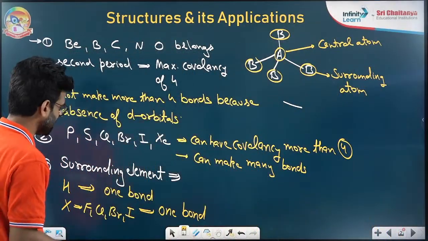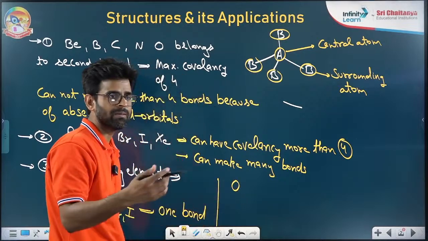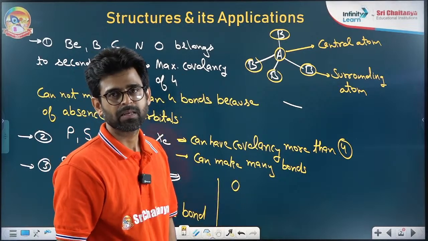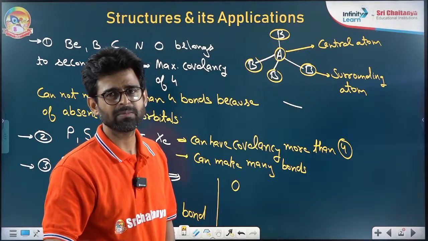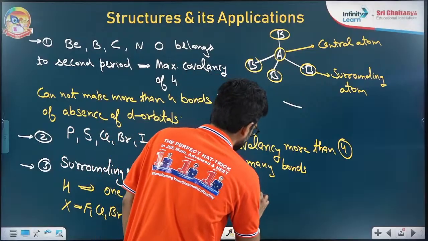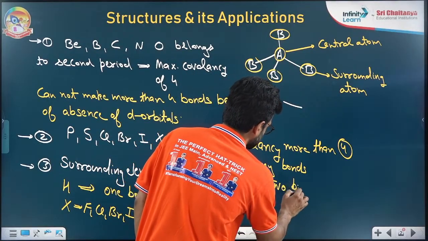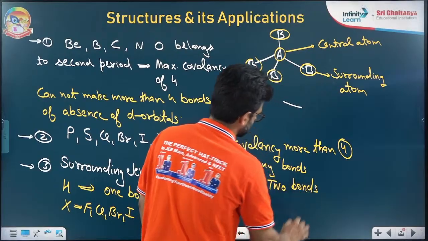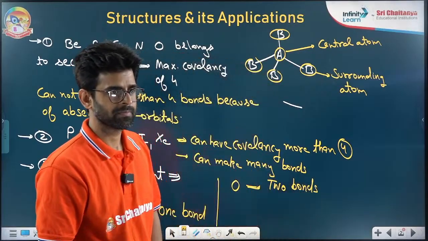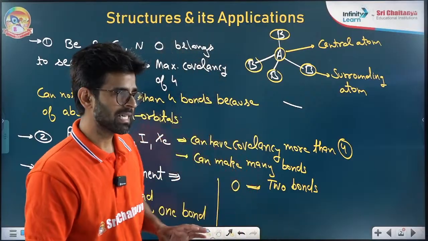And the next one, there is one more element, oxygen, which always comes as surrounding. Many times as surrounding, sometimes as center also. If we talk about it, how many bonds does it make? It makes 2 bonds as a surrounding element. Sometimes, rarely, it can make 1 bond also.